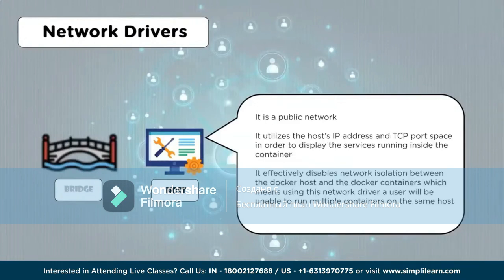So it effectively disables the network isolation between the Docker host and the Docker containers. It's not possible for the user to run multiple containers on the same host because you are using the host IP address. When we were talking about the bridge connection, we were getting private IP addresses, which were totally isolated and unique.